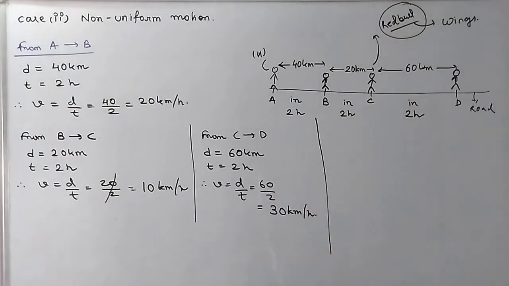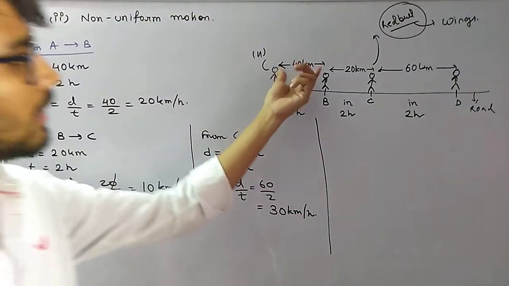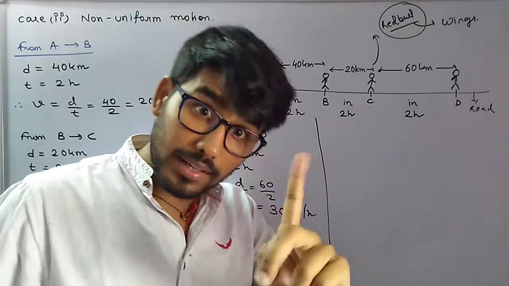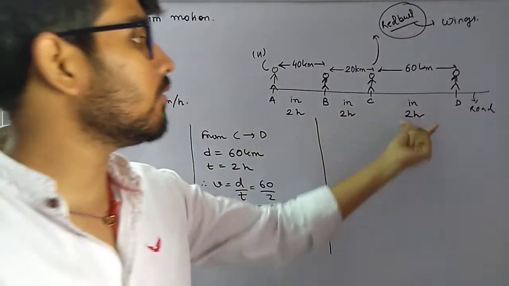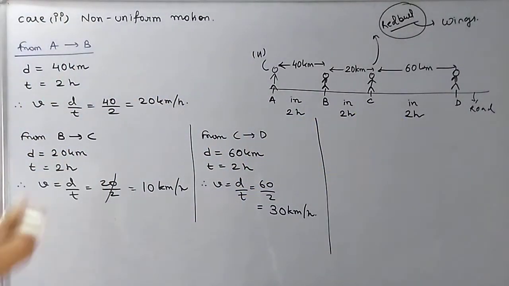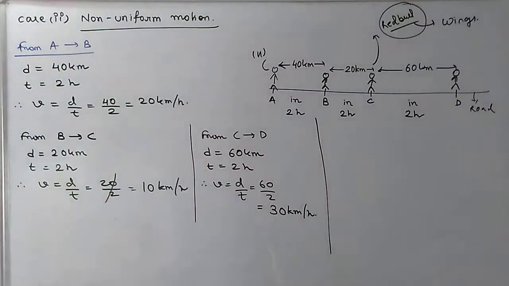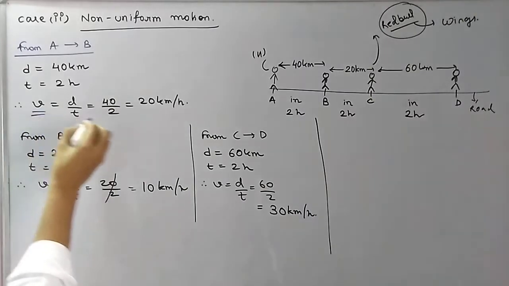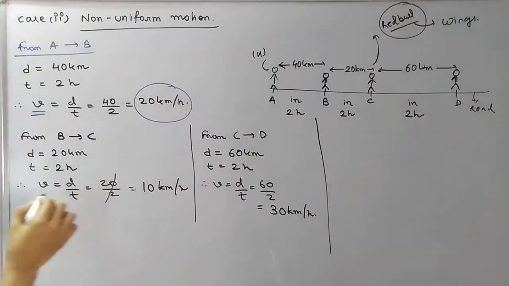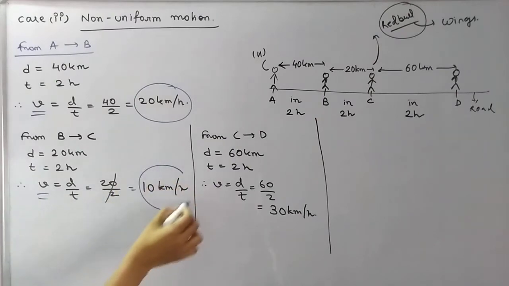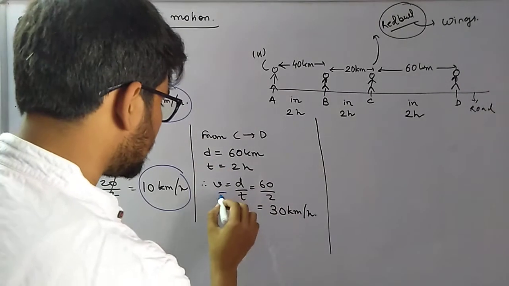So finally what we say is that if the body covers unequal distance in equal interval of time, the body is said to be in non-uniform motion. And for non-uniform motion, the speed is initially 20, then the speed decreases, then the speed increases again.